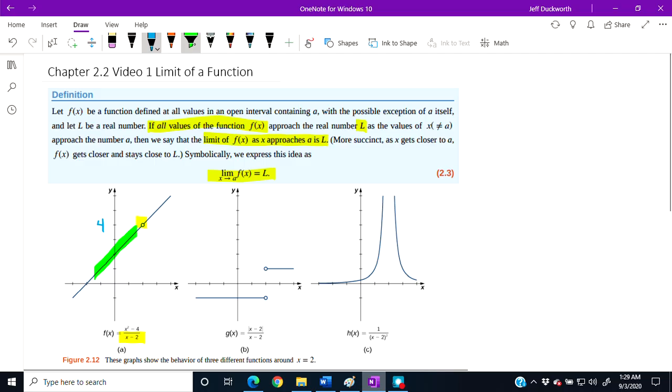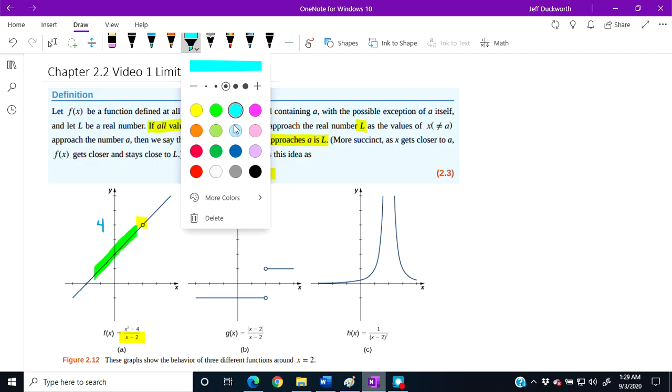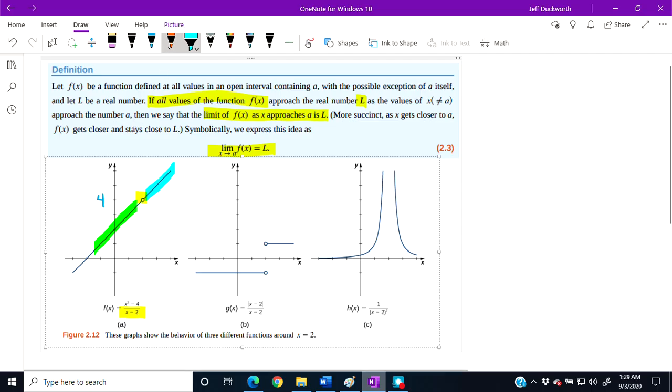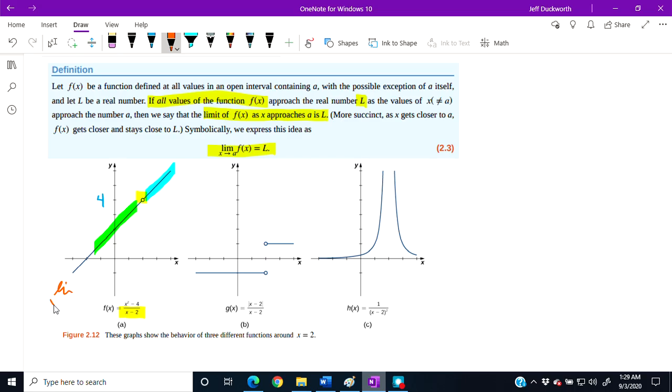From the right-hand side, from the positive direction, we have the same thing. As it gets closer and closer to 2, we're getting closer and closer to 4. Thus here, the limit as x approaches 2 for this equals 4. That satisfies our definition.